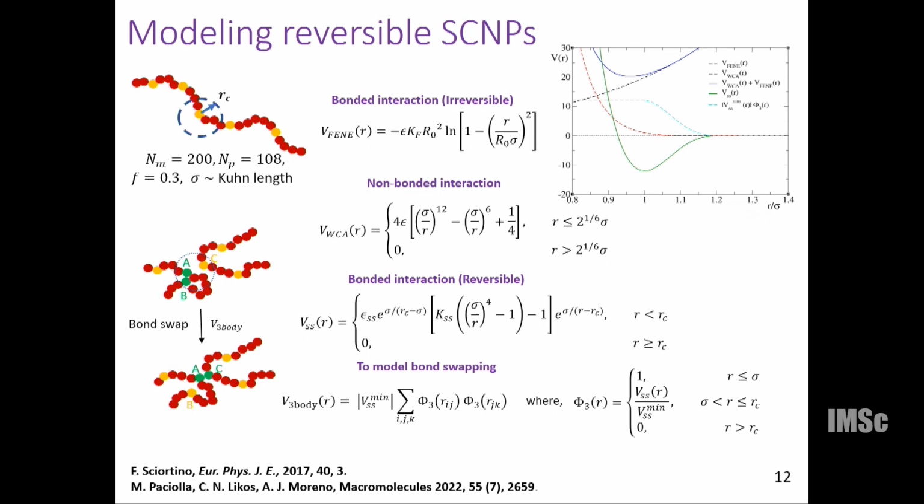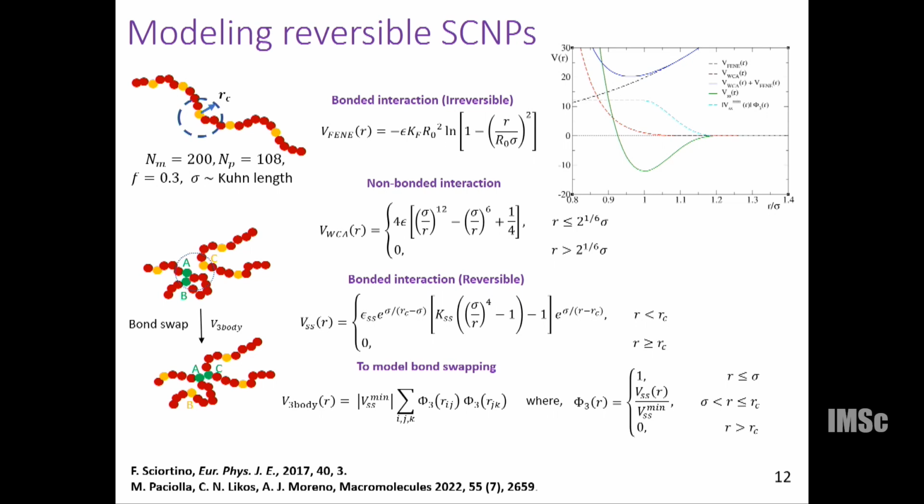What is exactly happening is, let's say there is a bond between A and B reactive monomers, and another reactive monomer C is entering. What we ideally want to achieve is a bond swap, something like this. To do that, we impose an additional repulsive potential through this 3-body potential.